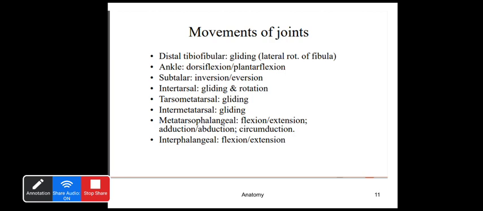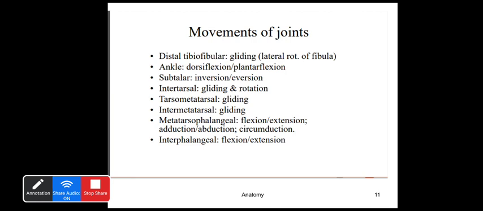And the last joints, the interphalangeal joints, have flexion and extension. So that is to summarize the joints of the foot and their movements, from the distal tibiofibular joint to the interphalangeal joint.